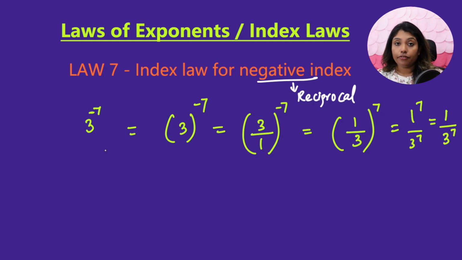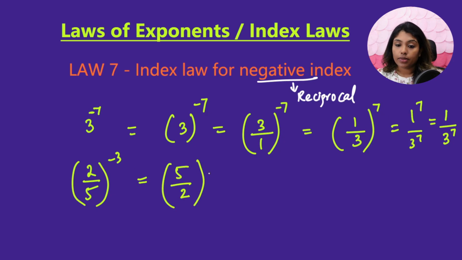Now, if it is a fraction, let's say you have 2 over 5 raised to a negative 3. Then the rules are the same. You take the reciprocal of this number, you get 5 over 2, and raise it to the positive exponent of negative 3, which is positive 3. That's it. Okay, so this is basically the rule for negative index.